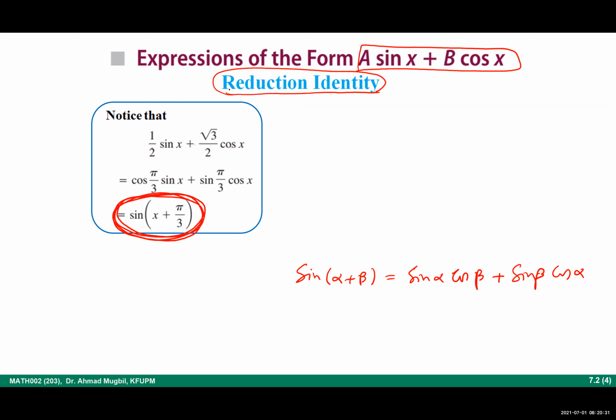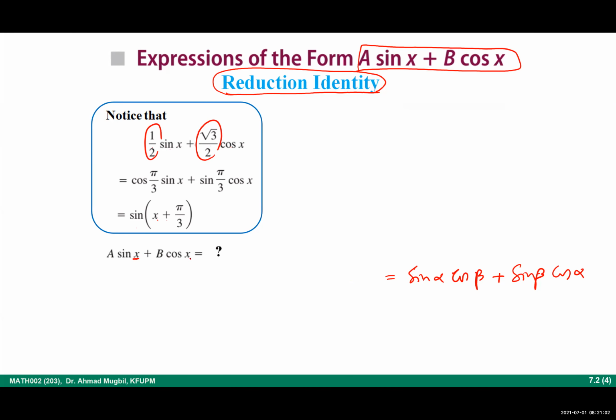So this is why they call it reduction, because we reduced the expression from two functions, sine and cosine, to only one function of sine with some shifting, of course, a horizontal shift to the left. So they got the idea from here. So they said, what if I have any constant, not necessarily a well-known angle, sine or cosine? What if I have a sine plus b cosine?